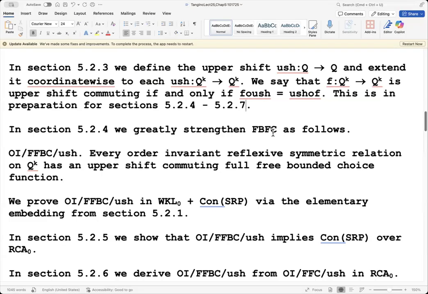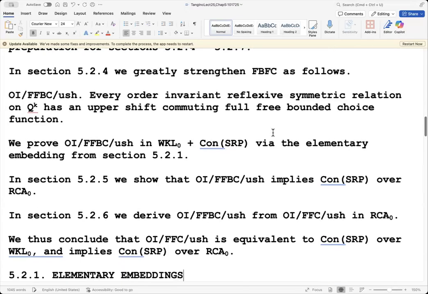We prove this in WKL0 plus Con SRP using the elementary embedding from section 5.21. That's why we had that set theoretic preliminary. This elementary embedding is a sledgehammer that you use to prove stuff, very nicely actually.